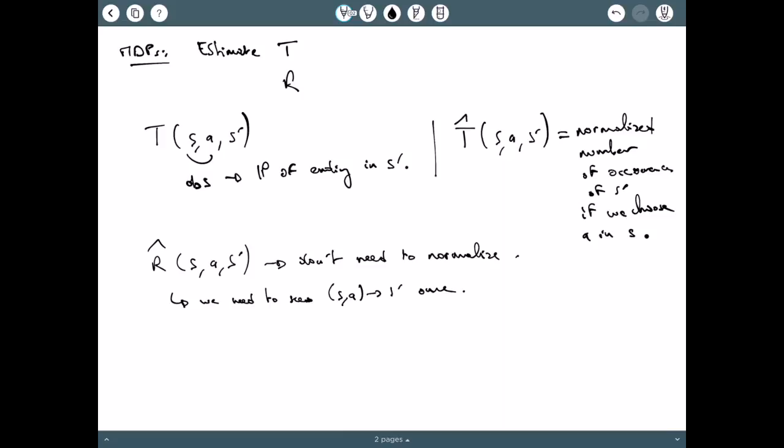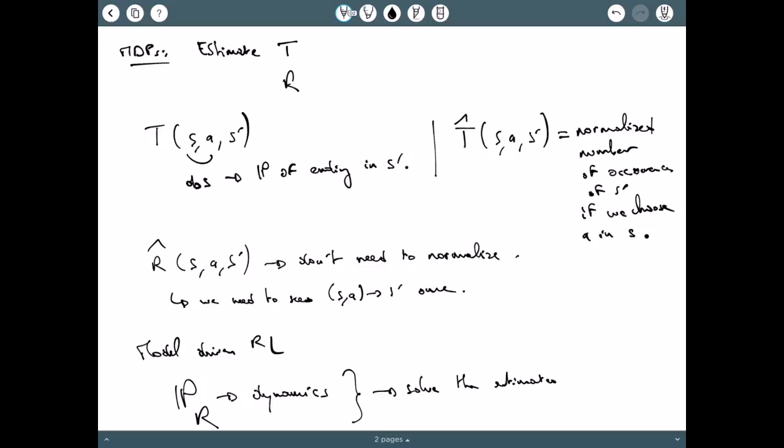All right, so this is called model-based RL. So basically here we estimate the probability function that models our dynamics. We also estimate the rewards, and then we solve the estimated MDP.